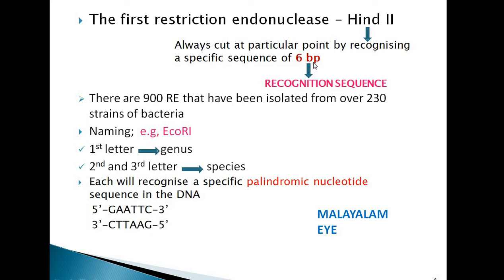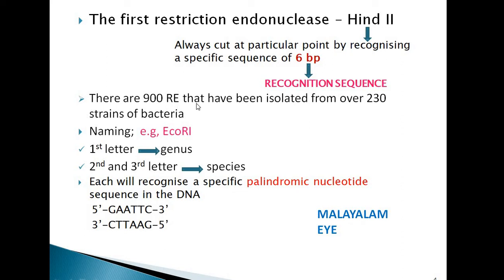I hope you understood what a base pair is. For example, if here is A, then here T, here G, then here C, like this. This is 1 base pair, this is 2, this is 3, likewise it recognizes 6 base pairs. That 6 base pair stretch is known as the recognition sequence.